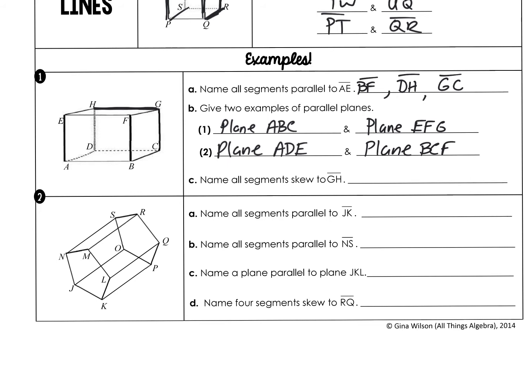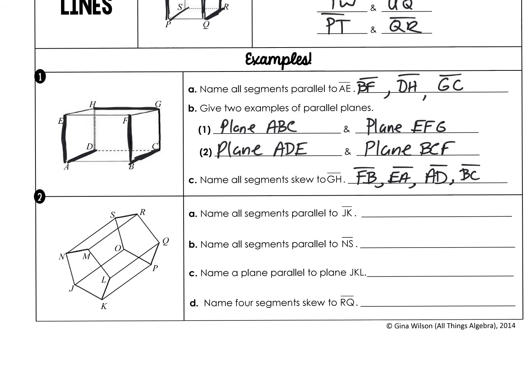So we can say FB here, EA here, AD here, and BC here. Okay, so those are all my skew lines to GH.